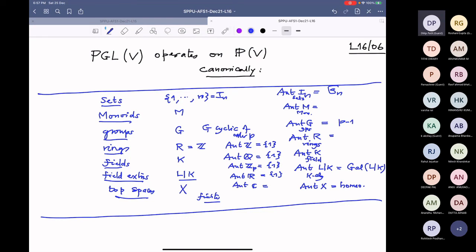When do you call a topological space to be rigid? That means, given a topological space, how can I decide there is only one homeomorphism from X to X? That I don't know how to decide. In that case, I will call that topological space to be rigid. All right, so that is the one.